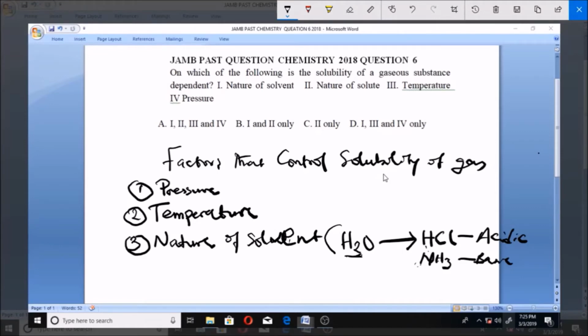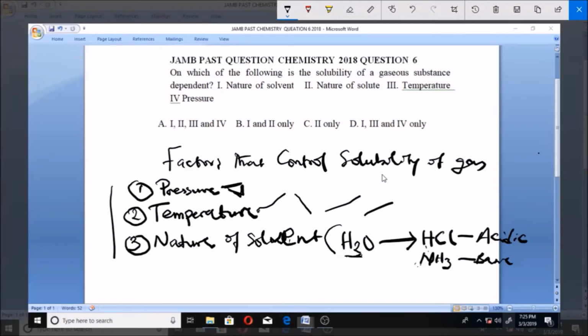So these are the three major factors that affect the solubility of gases. Solubility of gases is highly dependent on the temperature, and highly dependent on pressure. As the temperature increases for gases, the solubility will decrease, whereas for solids, as the temperature increases, the solubility increases.